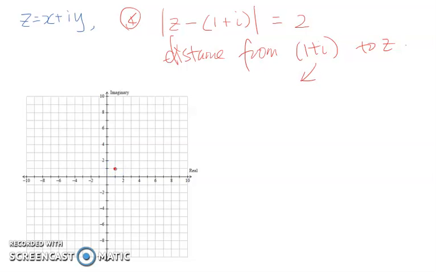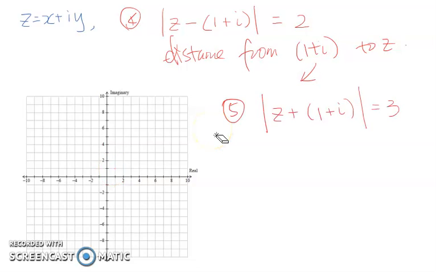So this is where it starts from. From here to that complex number z is equal to 2. So we have a distance of 2, so 1 point should be here, another point here. And because it's equal to 2, it actually forms a circle with a solid line. And this circumference is fulfilling this condition that is given. The loci is the circumference of this circle.